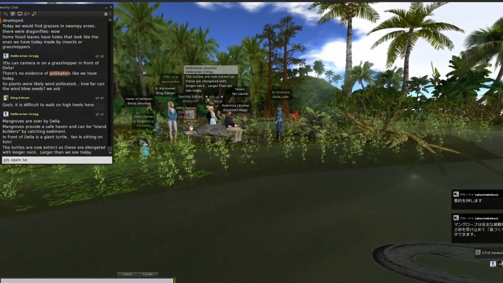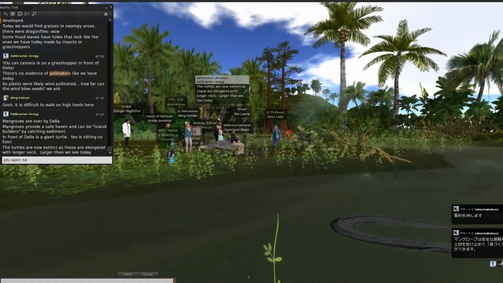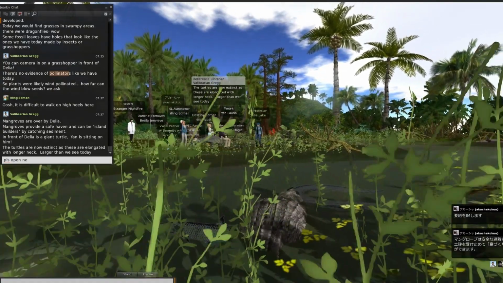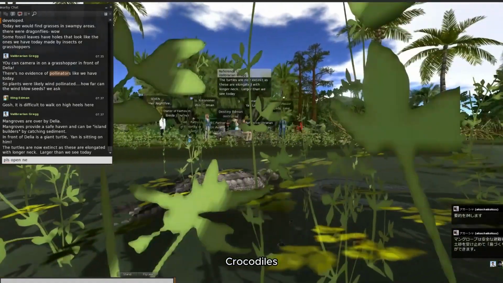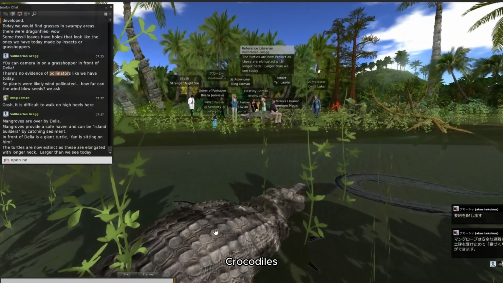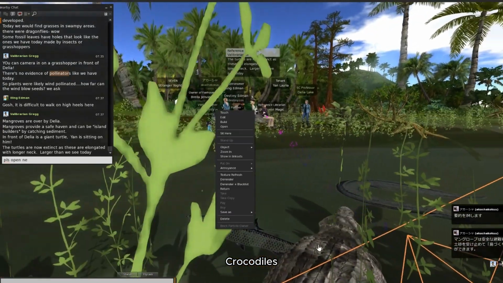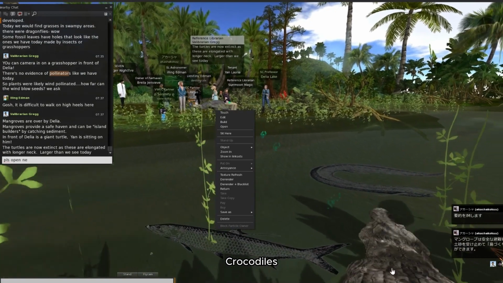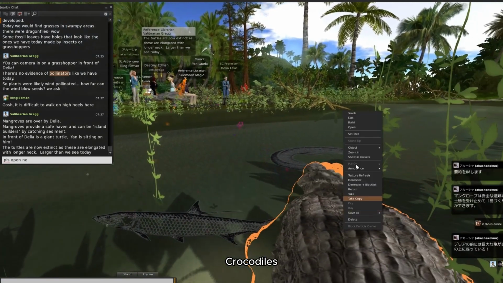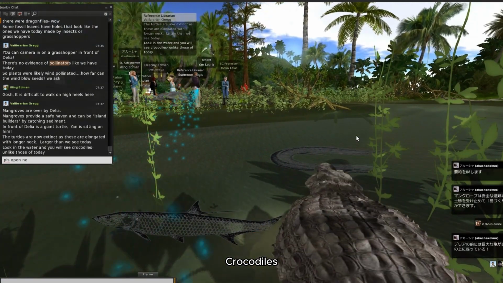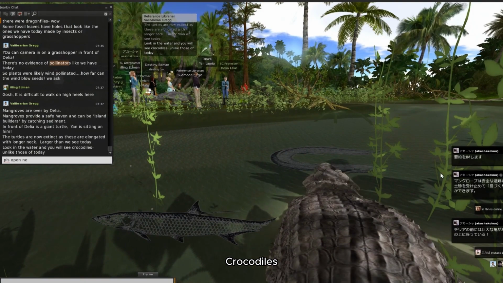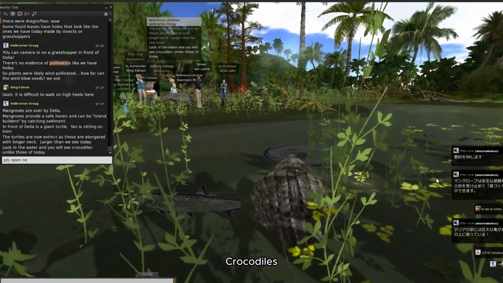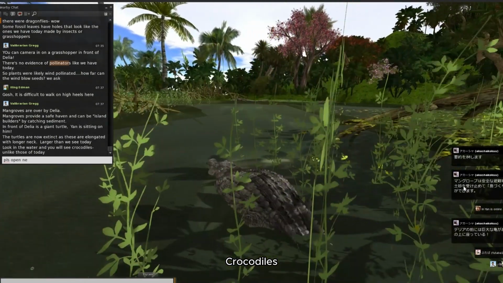And then you'll see here in the water, you'll see crocodiles. Again, the crocodiles are not quite like today's crocodiles, but from the fossils, the crocodiles had a more narrow, elongated head.